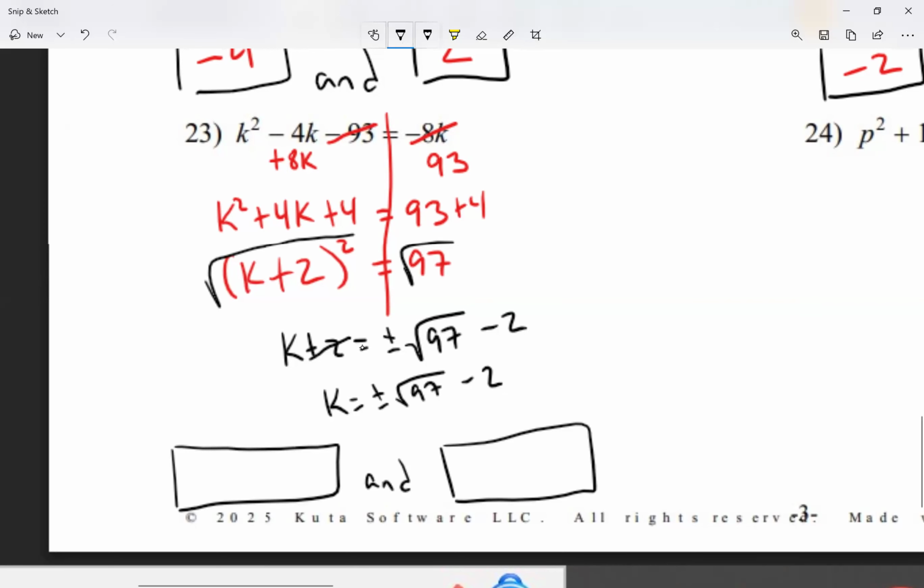My first one, let me write the number that doesn't have the radical first. So I'm going to write -2 plus radical 97. And then I have -2 minus radical 97. I'm going to leave the radical at the end. Okay, that's it. We cannot simplify the radical, so it stays as a radical.